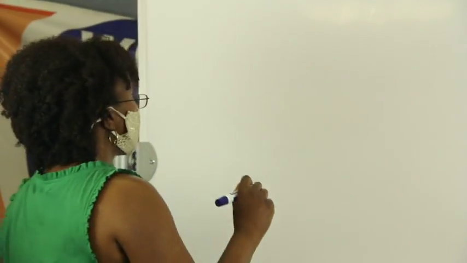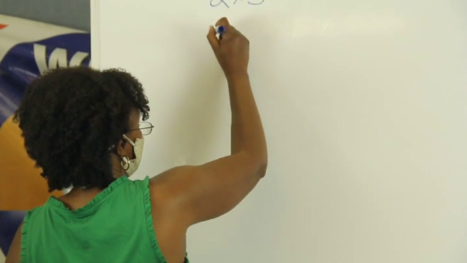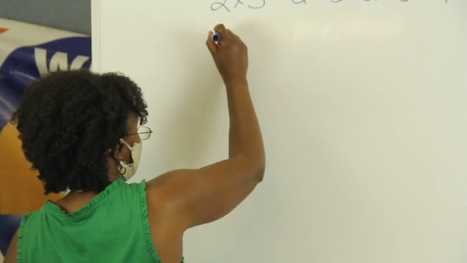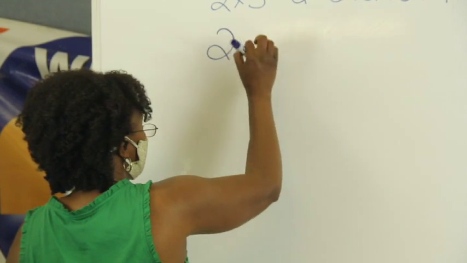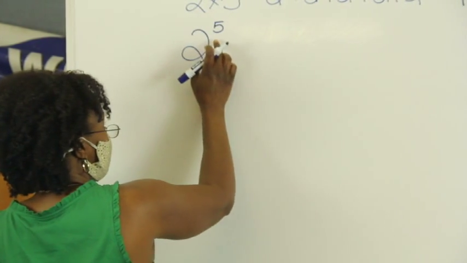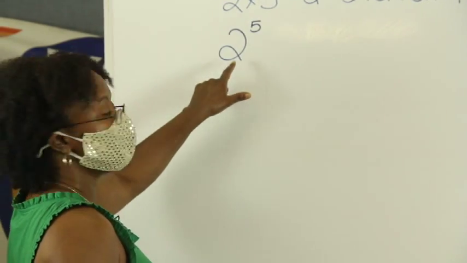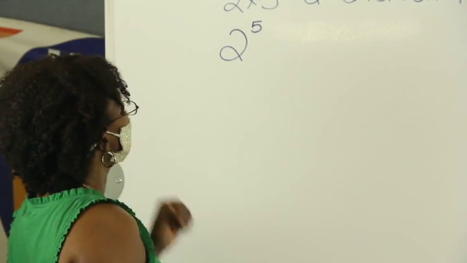Well, you can also do multiplication where you use an exponent for multiplication. But unlike up here, the exponent will be above the 2. And what this means is that you're going to do repeat multiplication, not addition.